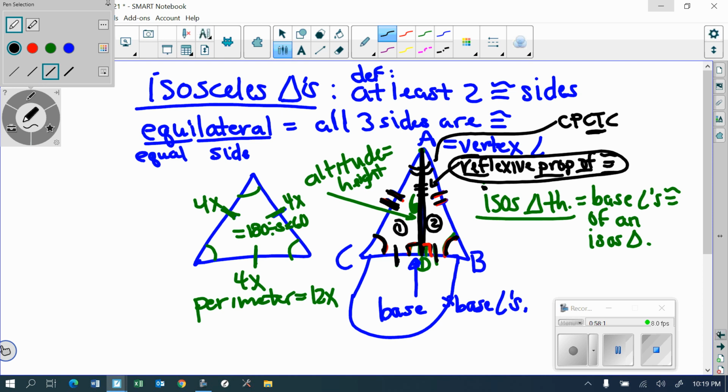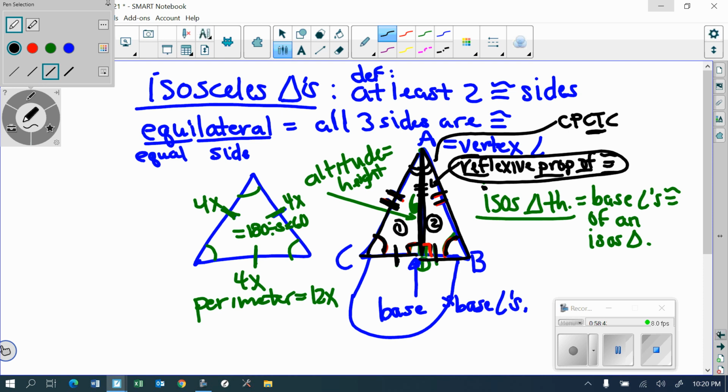So corresponding parts. What corresponding part means is segment AC matches up with AB, segment CD matches up with BD, and segment AD would match up with segment AD. Okay, and the angles. Angle C matches up with angle B. The right angle, so angle CDA with angle BDA, and the top angles on the vertex up there, angle CAD and angle BAD, are congruent.